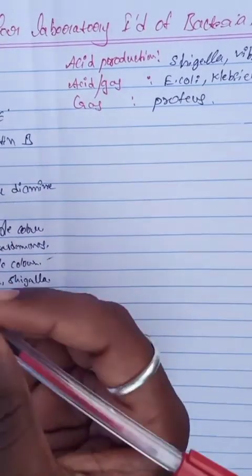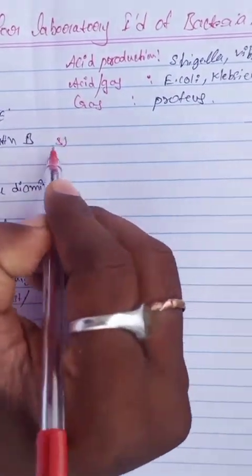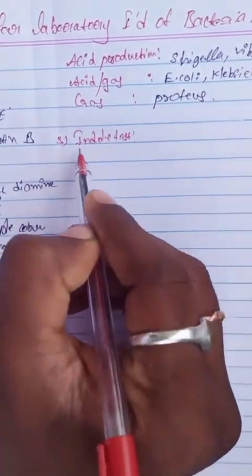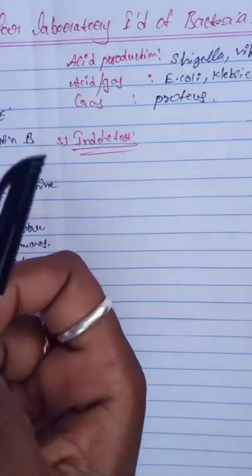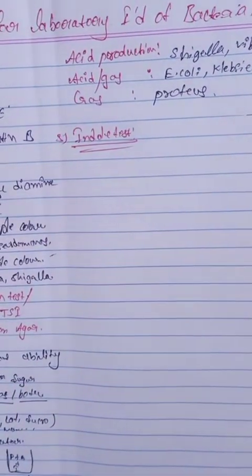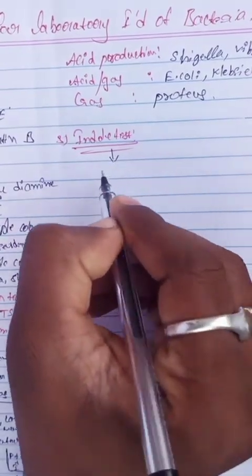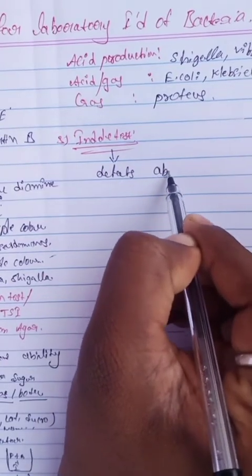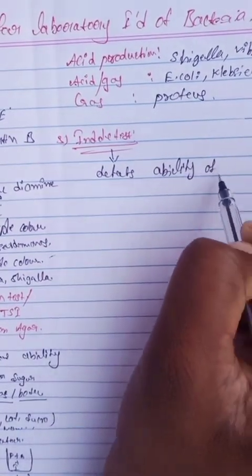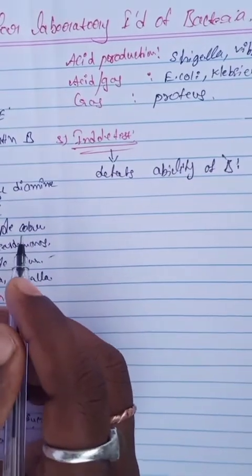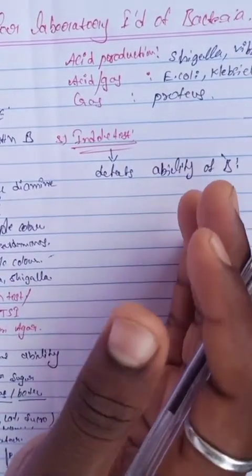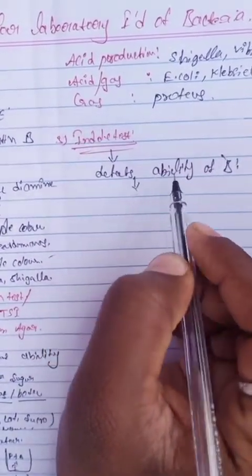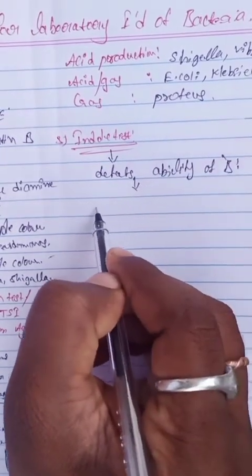And the next one, number 3, is the indole test. So what about the indole test? The indole test detects the ability of certain types of bacteria to decompose the amino acid tryptophan.